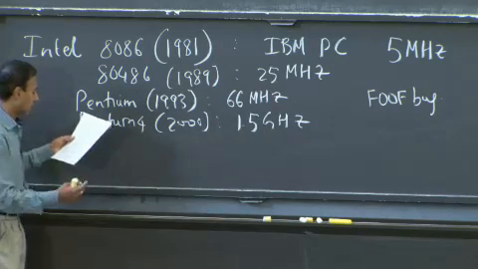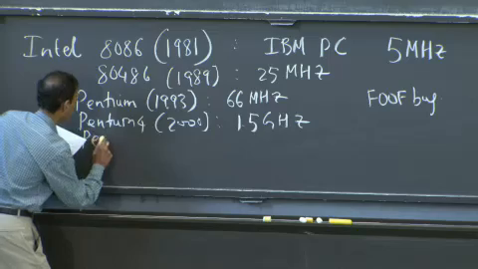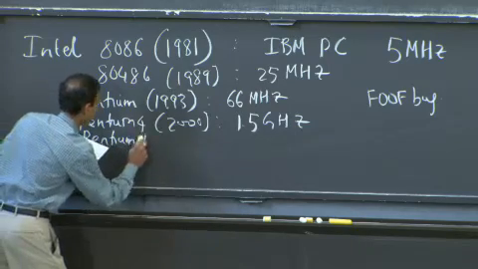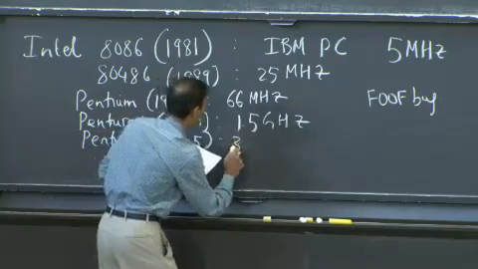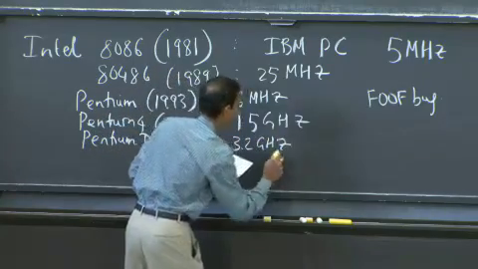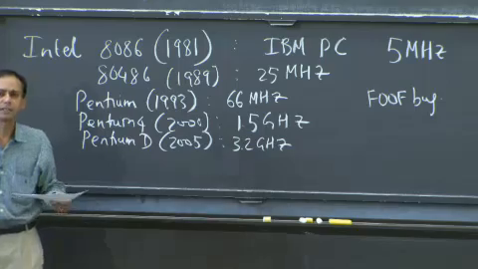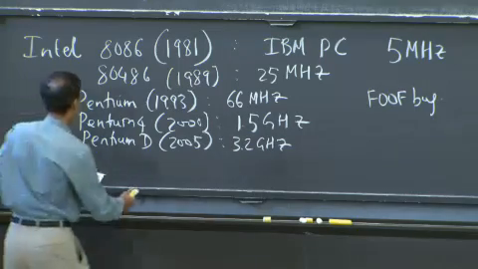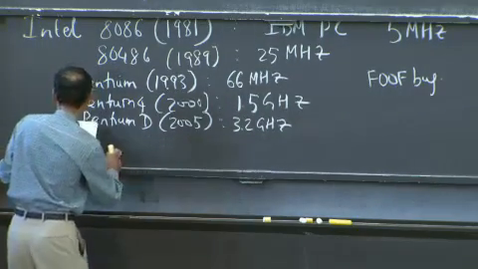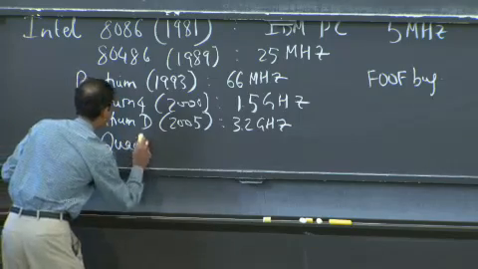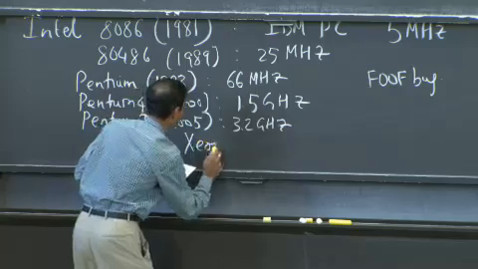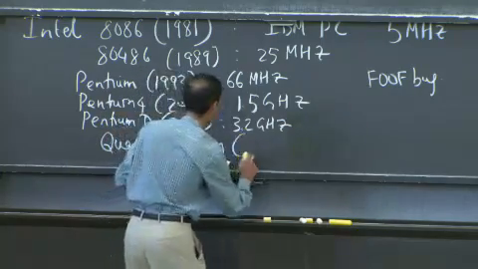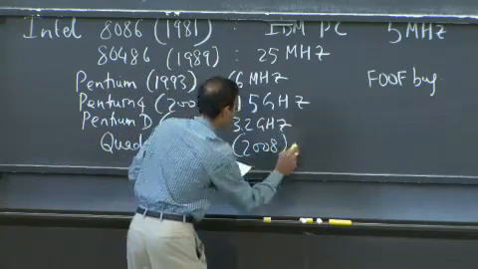As it turns out, after the Pentium D, which came out in 2005, where the clock speed peaked at about 3.2 gigahertz, clock frequency stopped increasing. And what you see now are things that correspond to multiple processors on a chip. So for example, the quad-core Xeon came out in 2008.